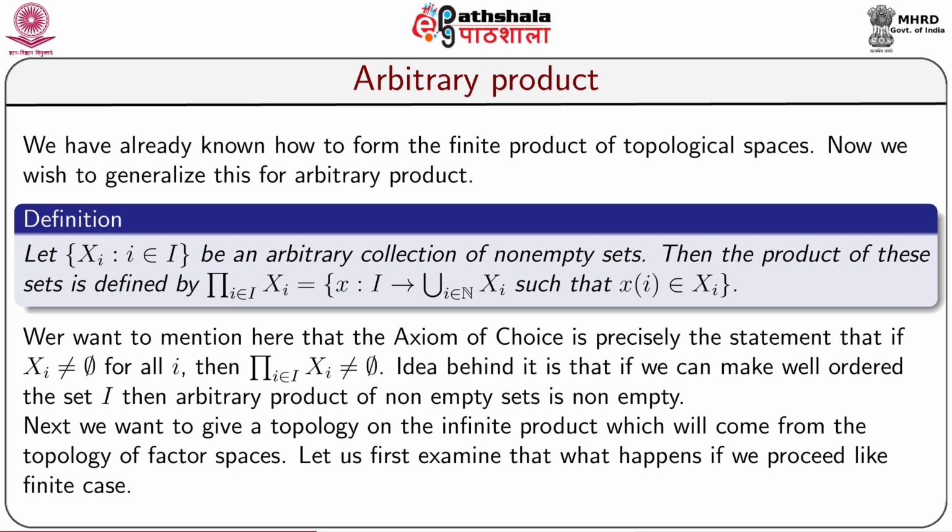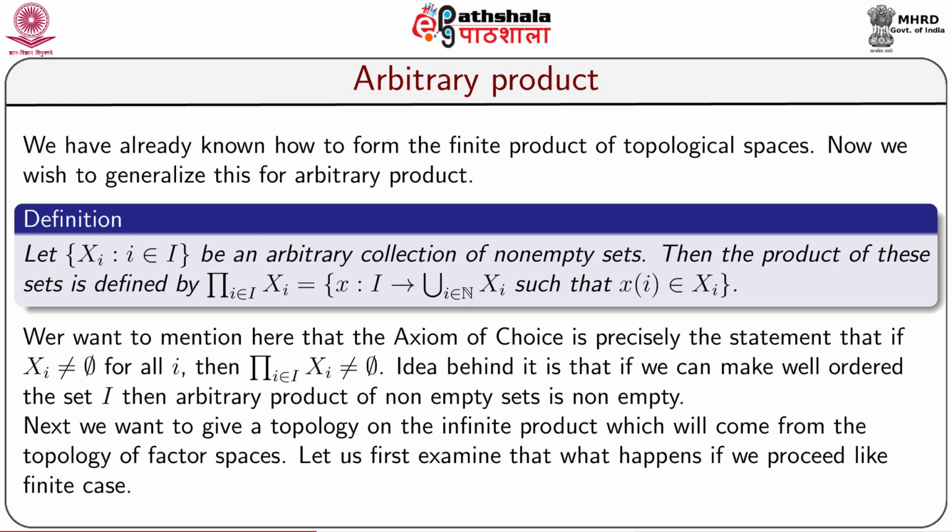We define the product as all x from I to the union of Xi such that x_i belongs to capital Xi. So, the question here is whether this product is at all non-empty. The axiom of choice precisely tells us that if all Xi are non-empty, then the product is non-empty.